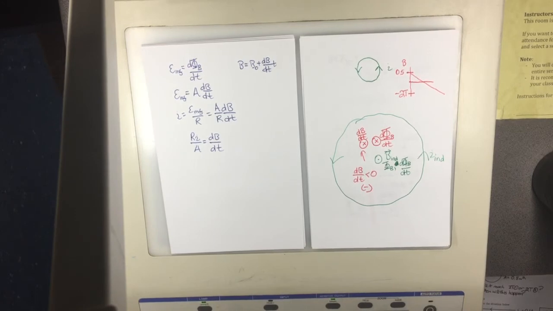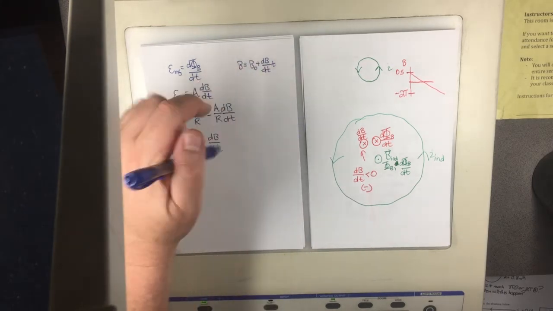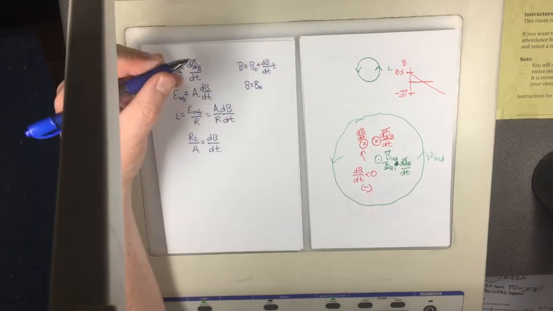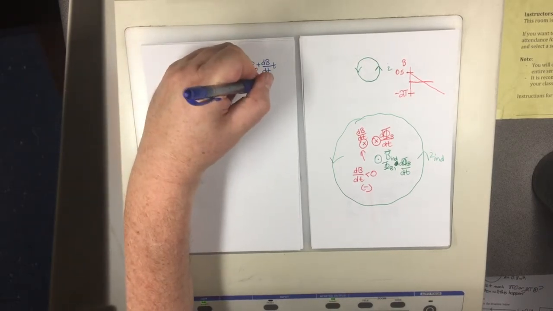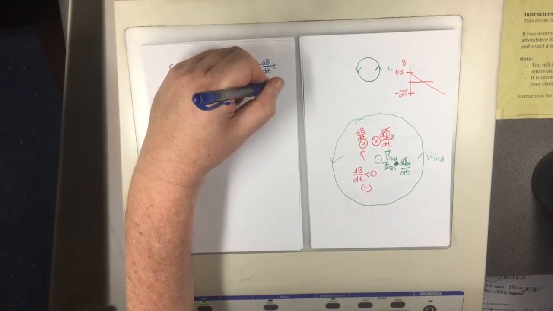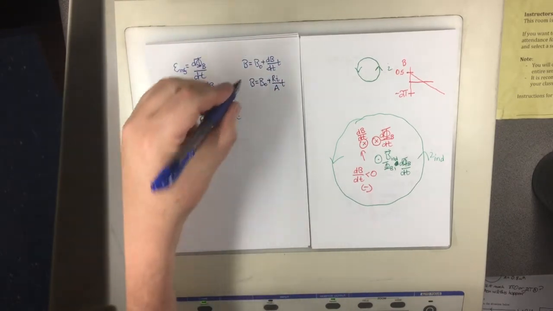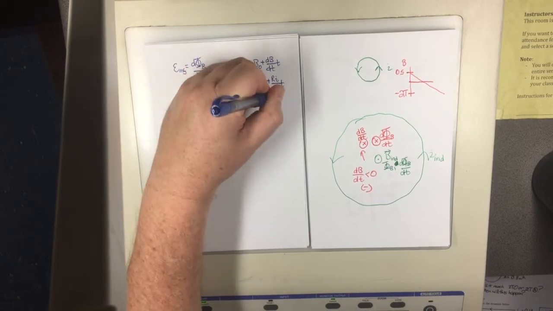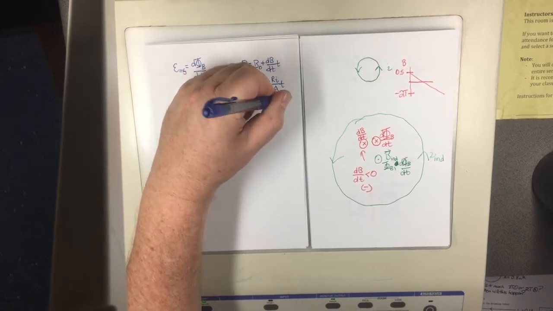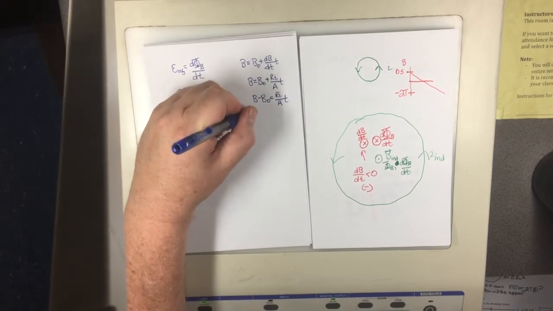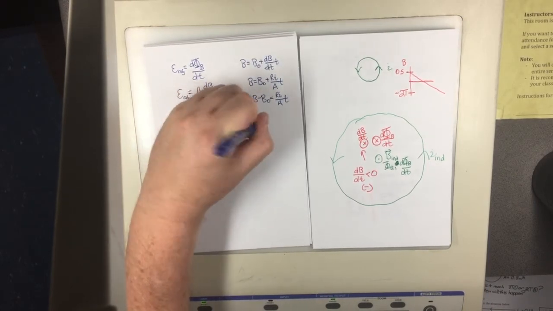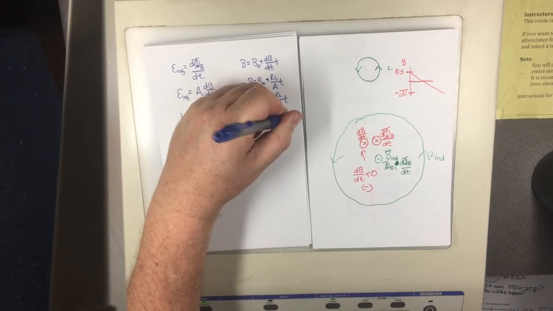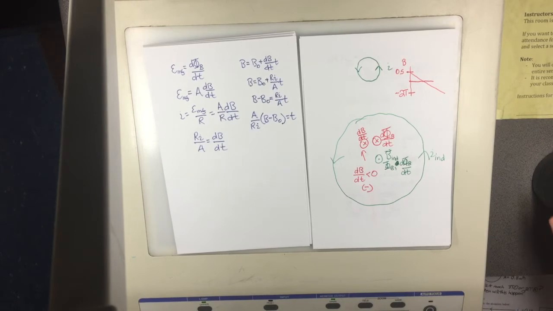The next question is when? Substitute that into this. So B equals B naught plus Ri over A T. Solve for time. B minus B naught equals Ri over A T, so A over Ri times B minus B naught is equal to T. And we get that.